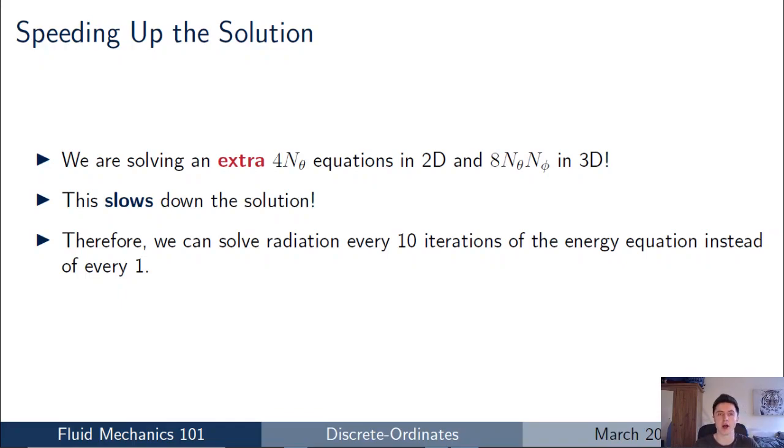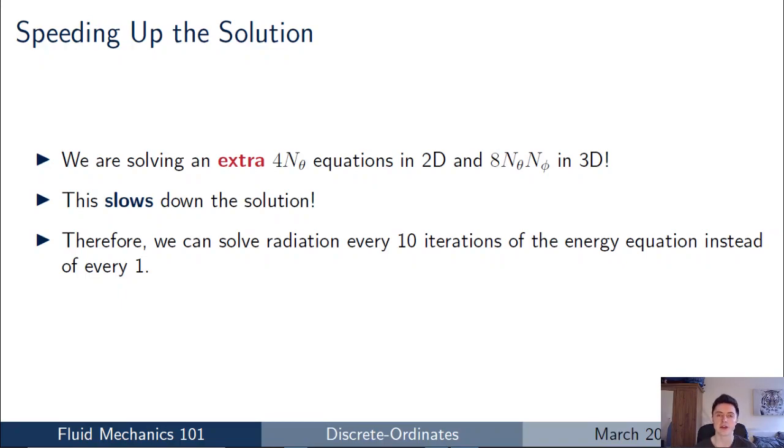We have to solve the 3 momentum equations, an equation for pressure, and then we often have to solve 2 additional equations for turbulent scalar variables, for example. We've then got the energy equation. So we're already solving a lot of equations, and if we have to solve an extra 4 or an extra 8 equations for radiation, clearly this is going to slow down the solution process quite significantly.